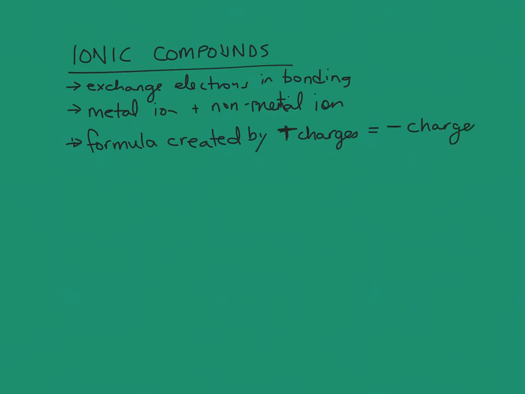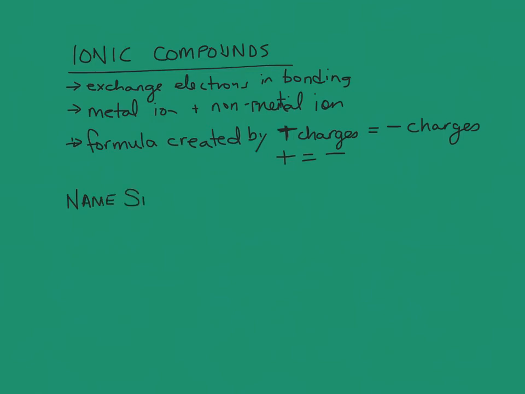Okay, so the positive has to equal the negative. Okay, and in a previous lesson we talked about ions and how they're formed and whether they're gaining or losing electrons. And so this is how, when they lose the electrons, the other atom is now gaining them to form the other ion, okay?